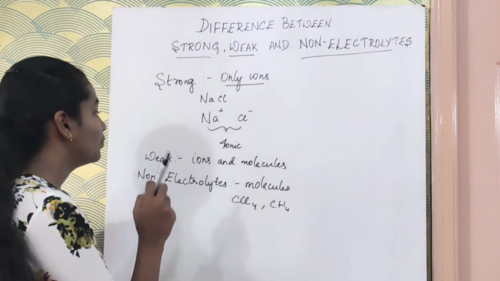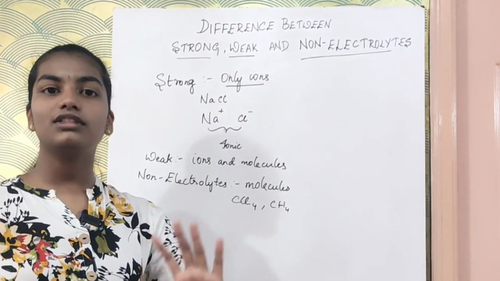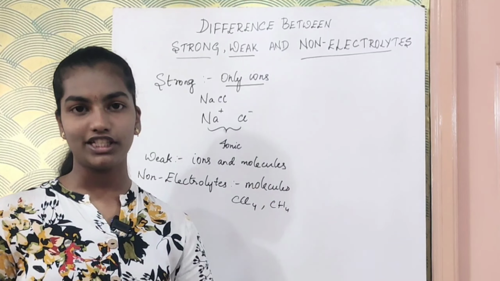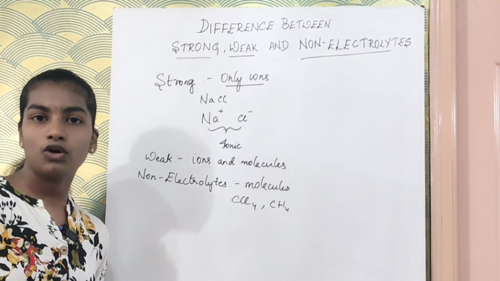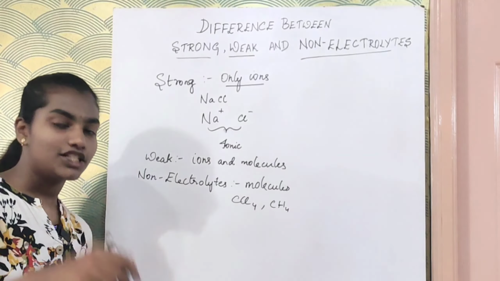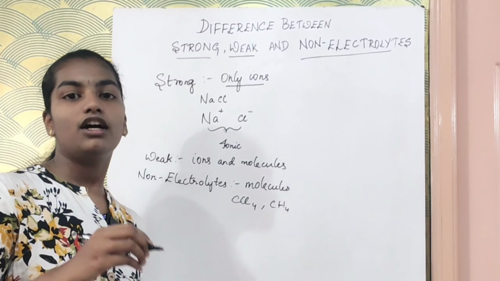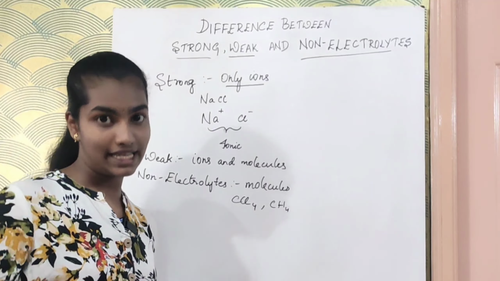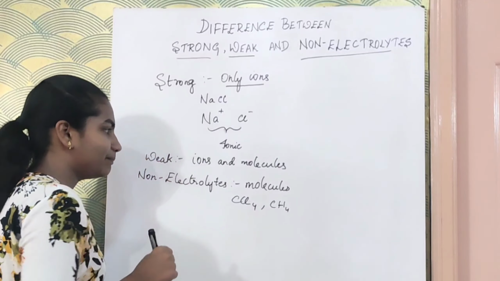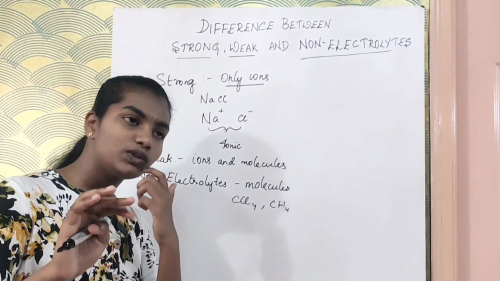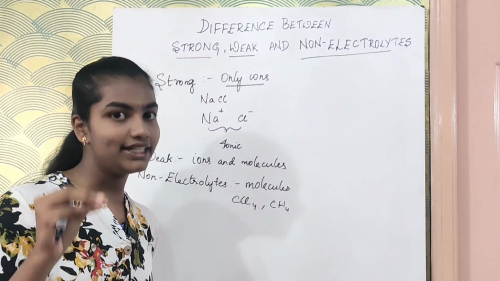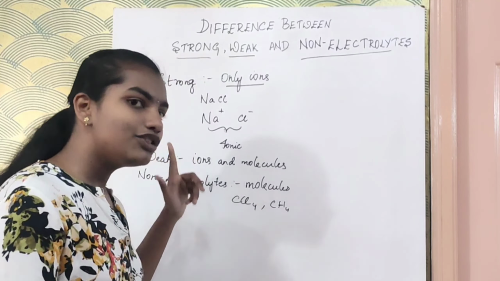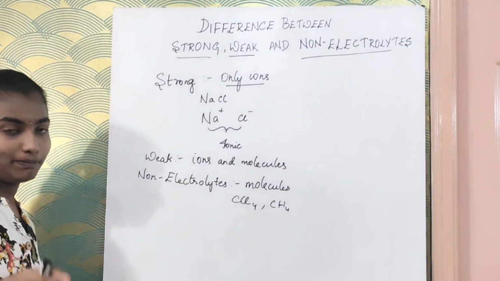And for weaker ones, there are both ions and molecules present in them, and the polar covalent bonds, which are an exception in covalent compounds to pass electricity, are the examples. But still only a few are weak, whereas a few like hydrogen chloride, that is HCl, are strong electrolytes, because it depends.